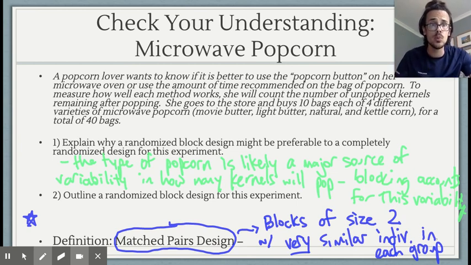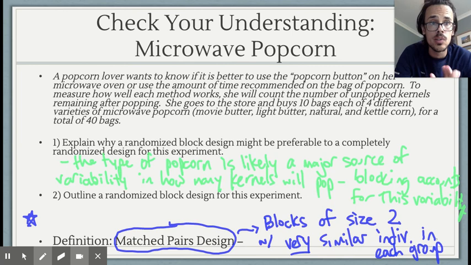It doesn't even have to be 2 separate people. Let's say I wanted to test 2 kinds of deodorant to see which one works better. I could use myself as a matched pairs and randomly assign one arm one kind, one arm the other, and compare on myself. So you can even get creative with things like that.